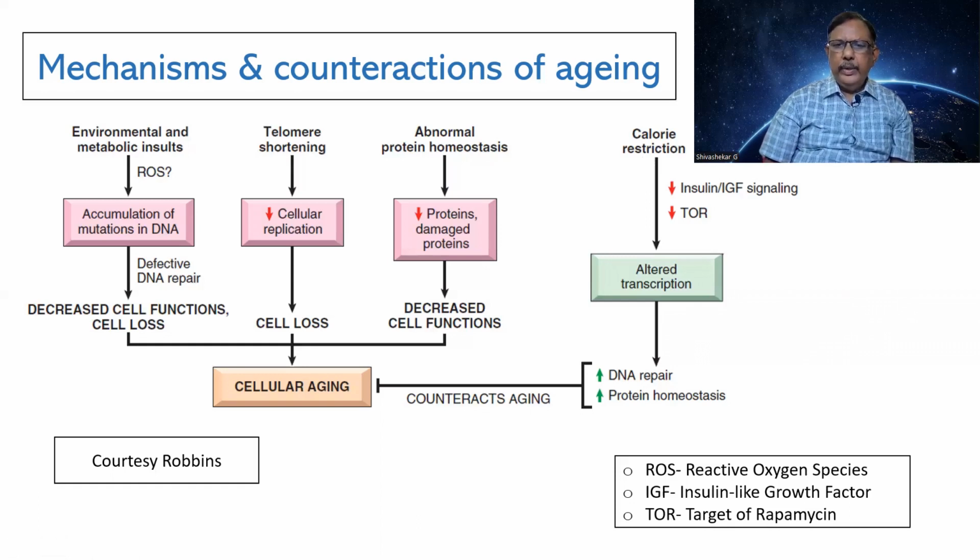All of this will lead to altered transcription, as a result of which there is increased DNA repair and increased protein homeostasis, which all lead to a counteraction and a prevention of aging. So there is a mechanism on one side and a counteraction on the other side.